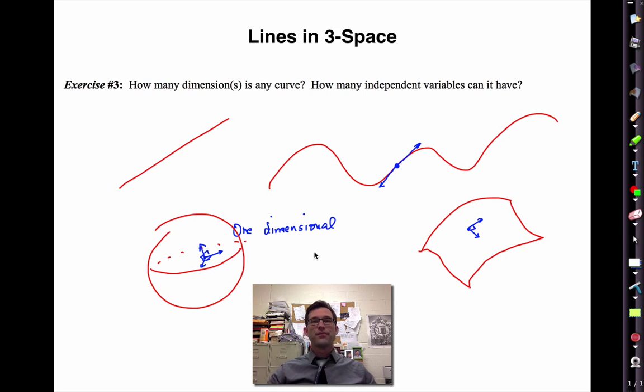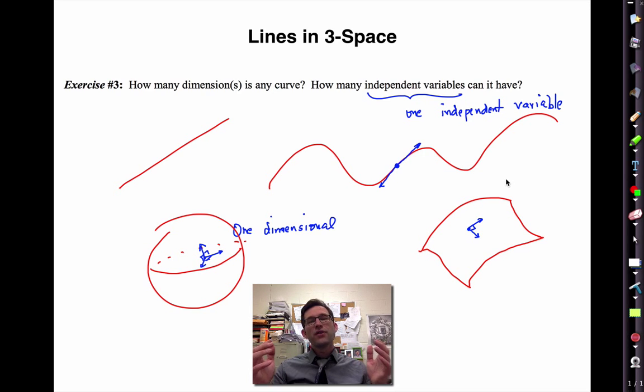Anyway, curves are one-dimensional, and that means that there can only be one independent variable, right? And this is kind of cool, and it's, I have to say, sort of deep. Deep to the point that it's probably not going to even be possible for me to really explain it to you in a great way.